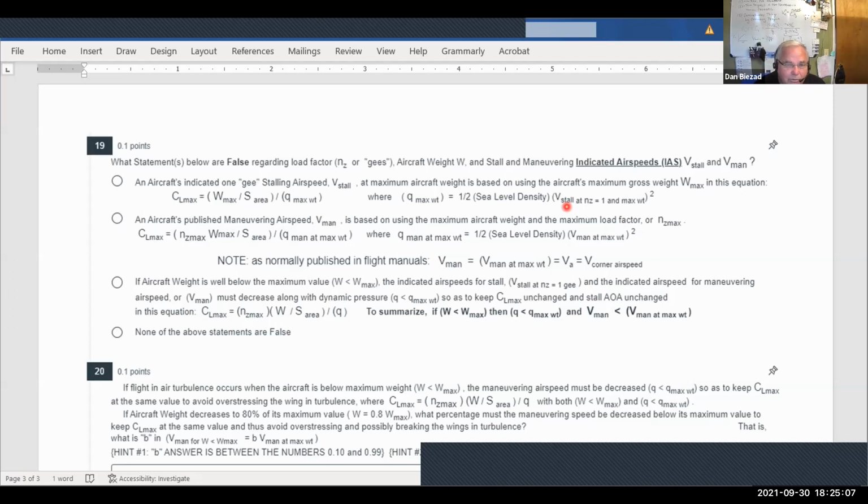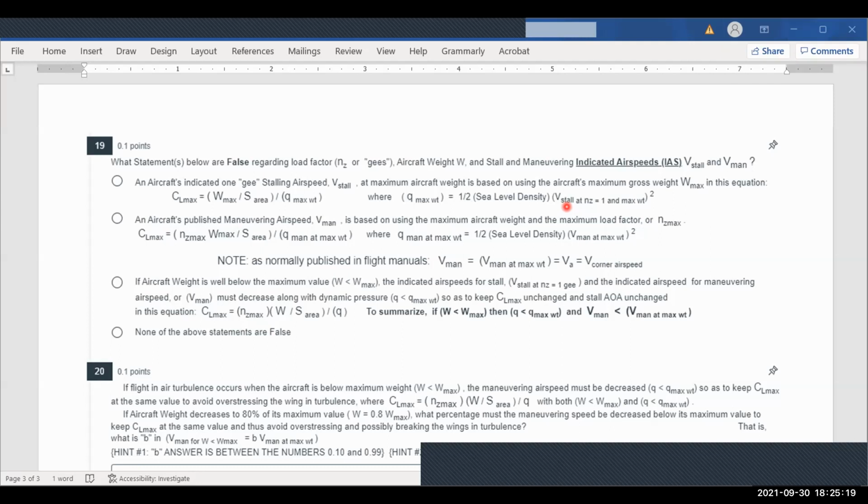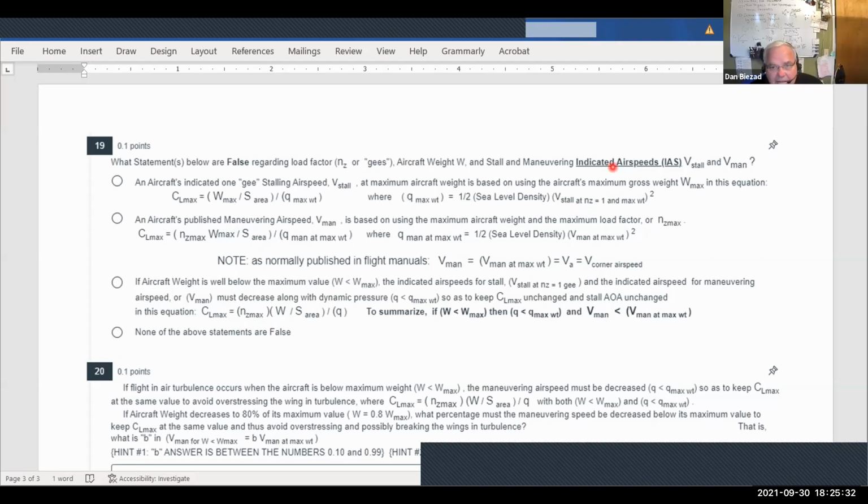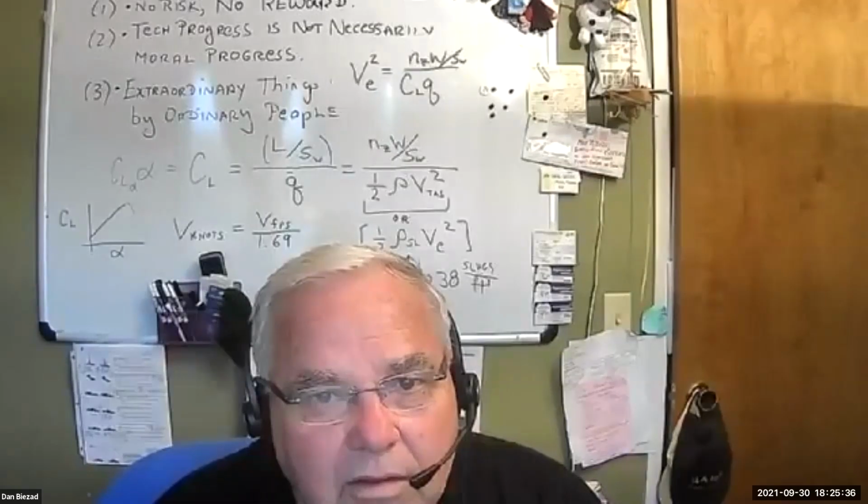You'll avoid going below the max weight stall speed that's published in the manual because you think you'll stall. You really won't stall for a few knots below that because you're not at maximum weight. Okay, so it's a safety issue. You think it's going to stall at 60. It really is not going to stall till 55 because your weight was just less. It's a subtle point. I can see why you'd have questions about it. All right. What else?